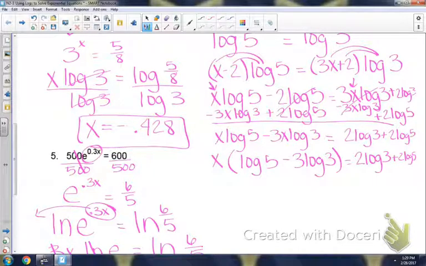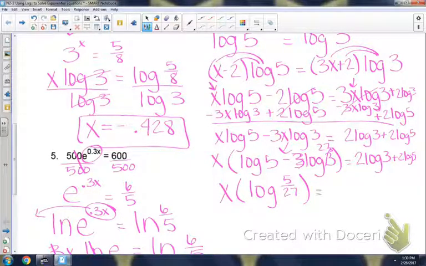Alright, so now what I want to do is condense both of those logs into one. So I need to make that coefficient an exponent. So that would be 3 cubed, which would be 27. So notice we're subtracting. So when we subtract, we condense by dividing. So 5 divided by 27.